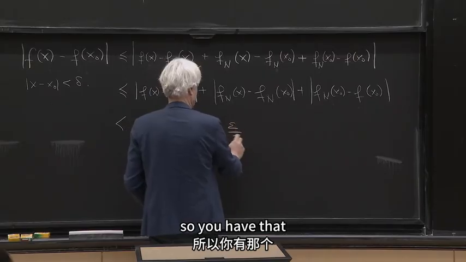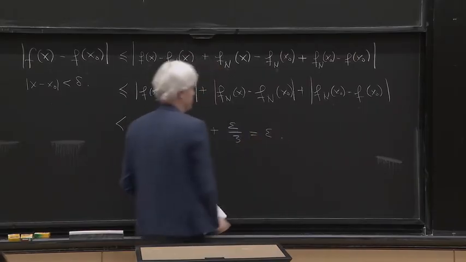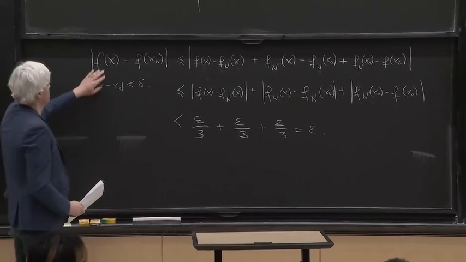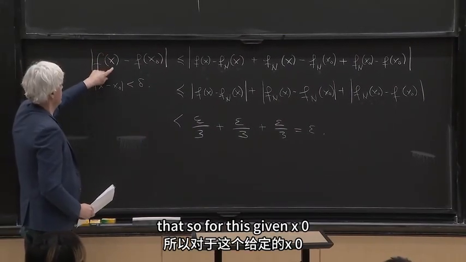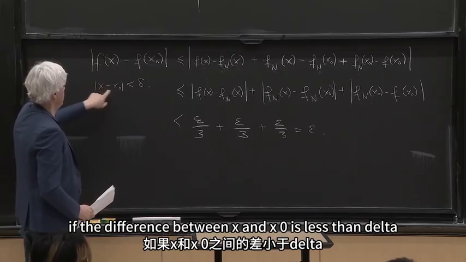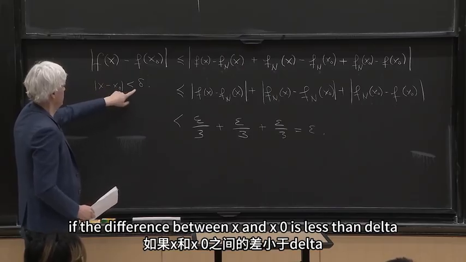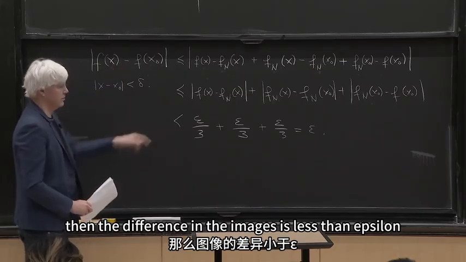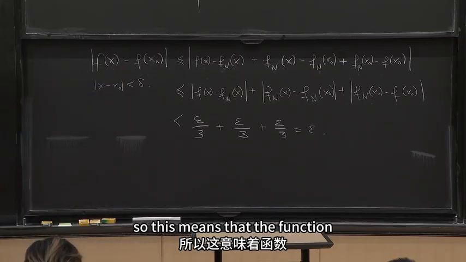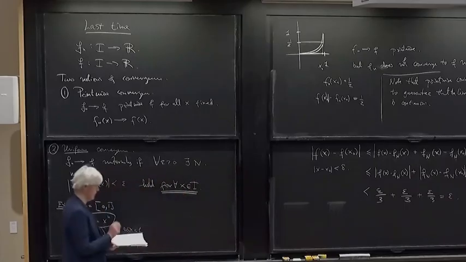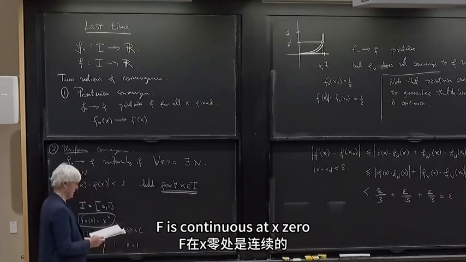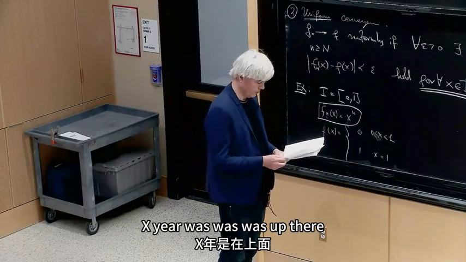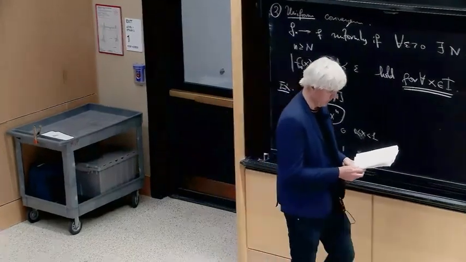So what we've proven here is that for this given x0, if the difference between x and x0 is less than delta, then the difference in the images is less than epsilon. So this means that the function f is continuous at x0, and x0 was arbitrary. Okay.